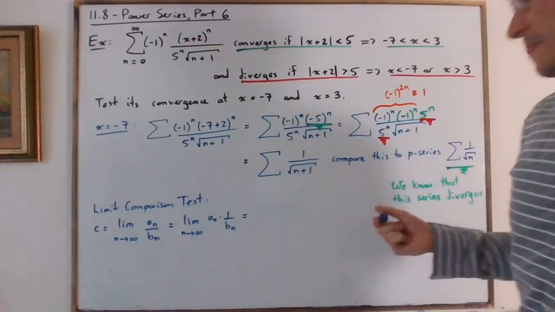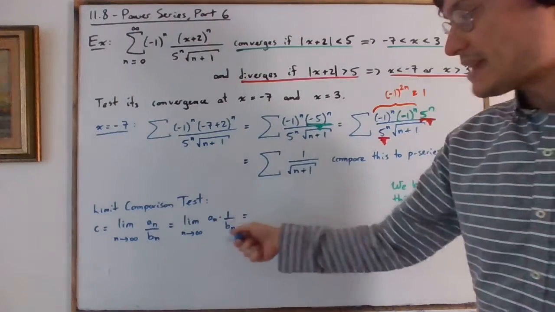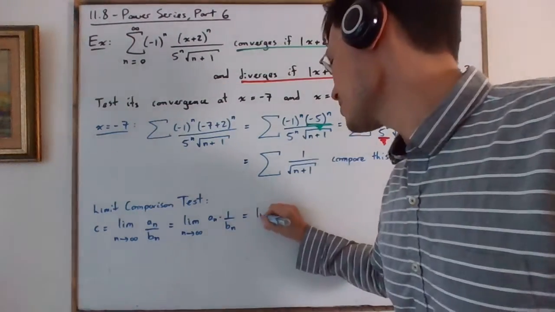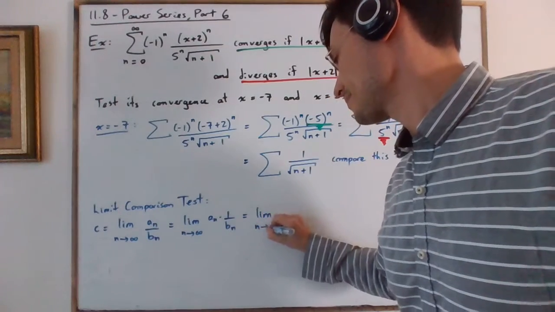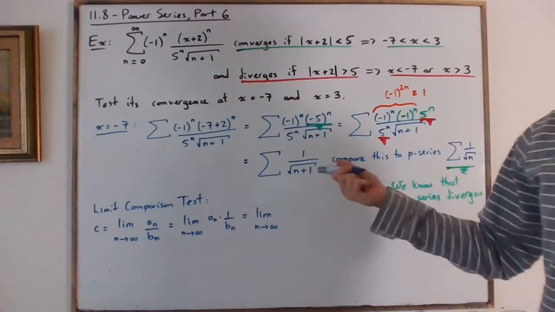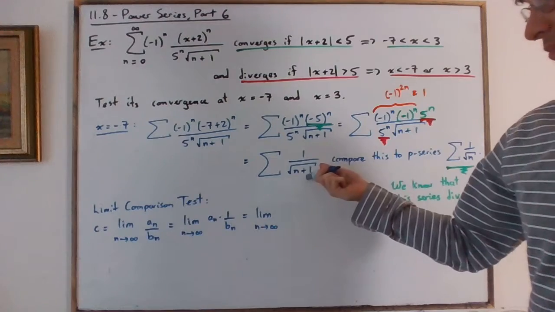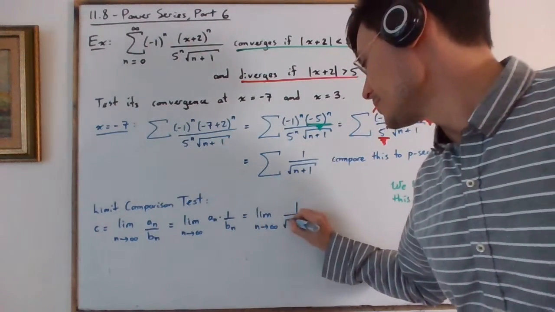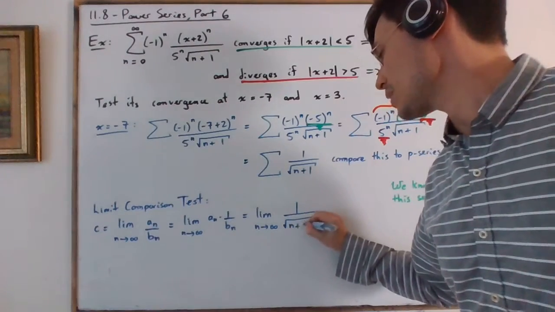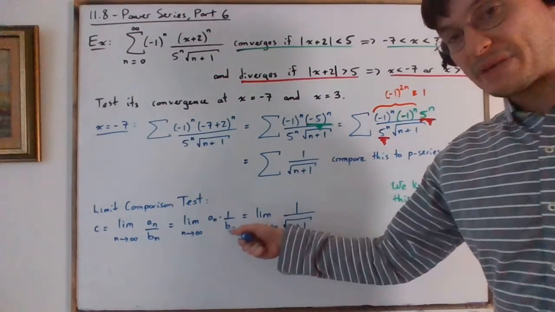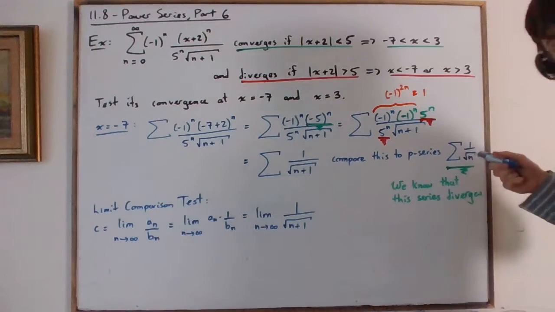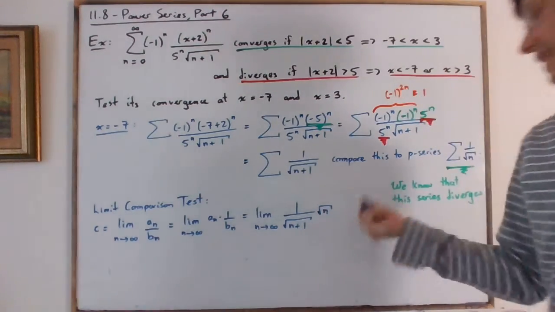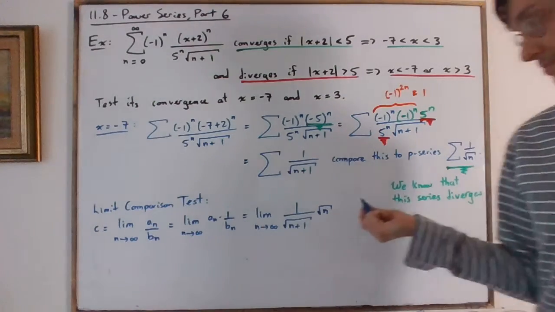It's because both of these, an and bn, are fractions, so it's easier to think of them this way. an is this guy, which we write as is, 1 over the square root of n plus 1. 1 over bn is the reciprocal of this, so it's the square root of n that we write at the numerator.